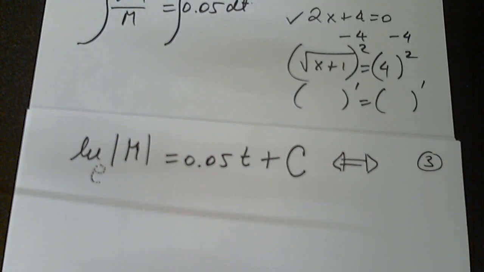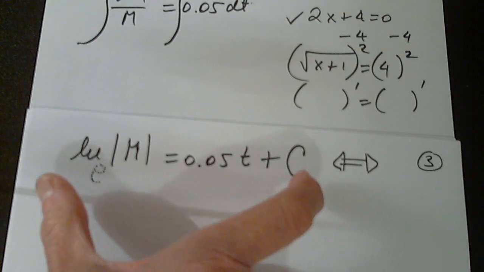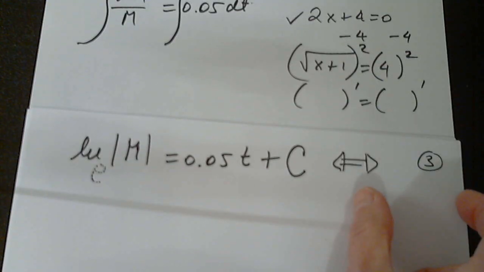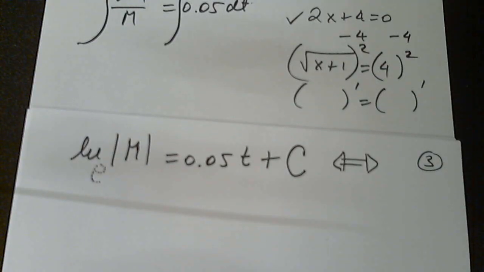Anyone remembers how to change this into an exponential equation? How do I change this log equation into an exponential equation? Anyone remembers? That is the most important conversion or relationship. Anyone remembers how to proceed?